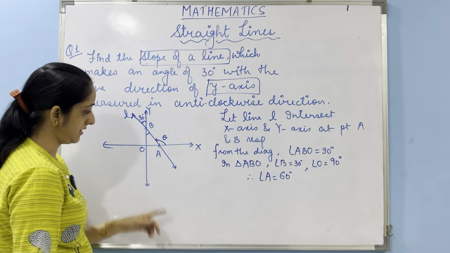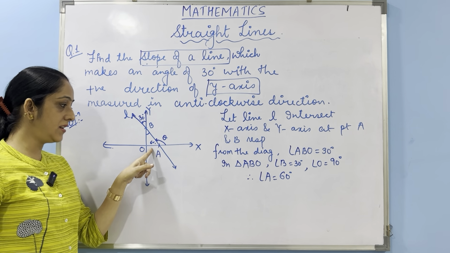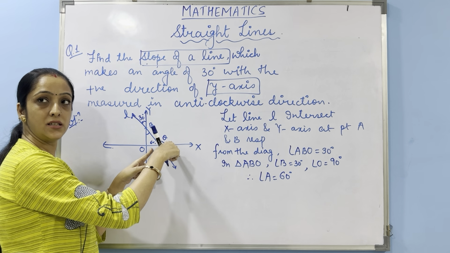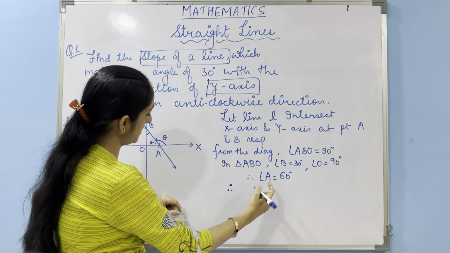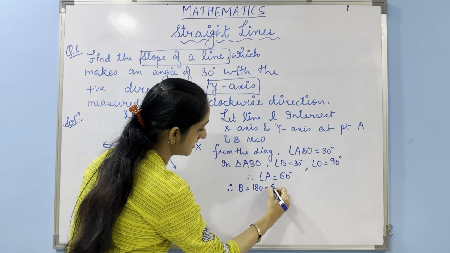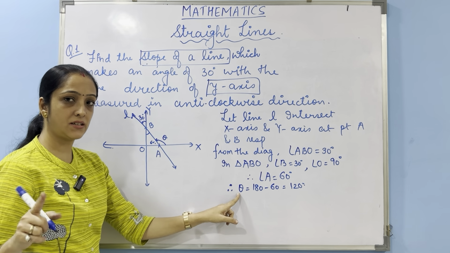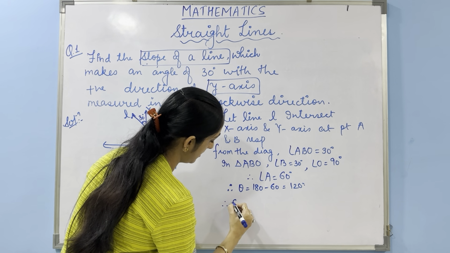Now angle A is making a linear pair with this angle theta. Therefore, if angle A is 60 degrees, theta will be 180 minus 60, which is 120 degrees. So this is how we got theta. Theta is the inclination.